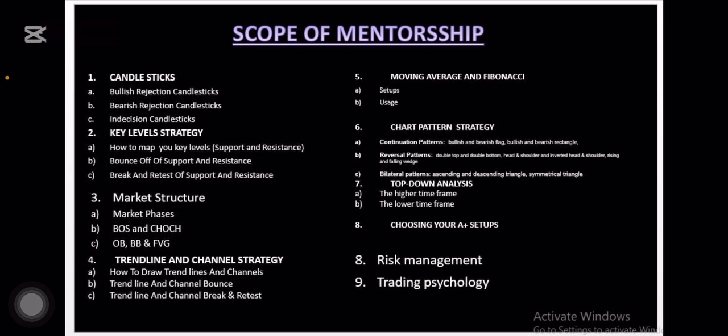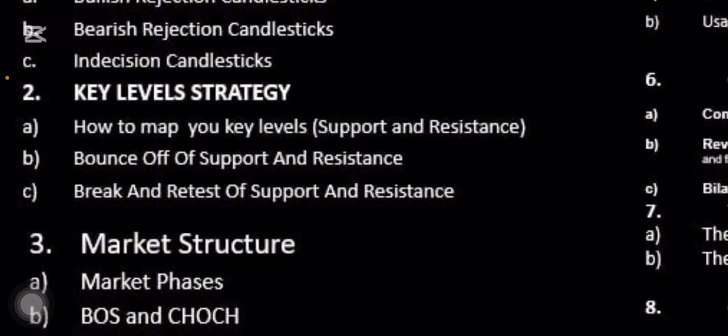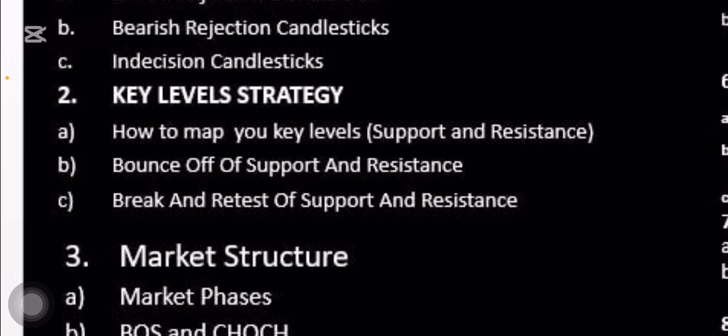This is our course outline actually. So key levels, and I'm going to be taking this course on these three subheadings. Number one, how to map your key levels, how to draw your key levels. By the way, key levels are support and resistance. So when you hear key levels, it simply means support and resistance.